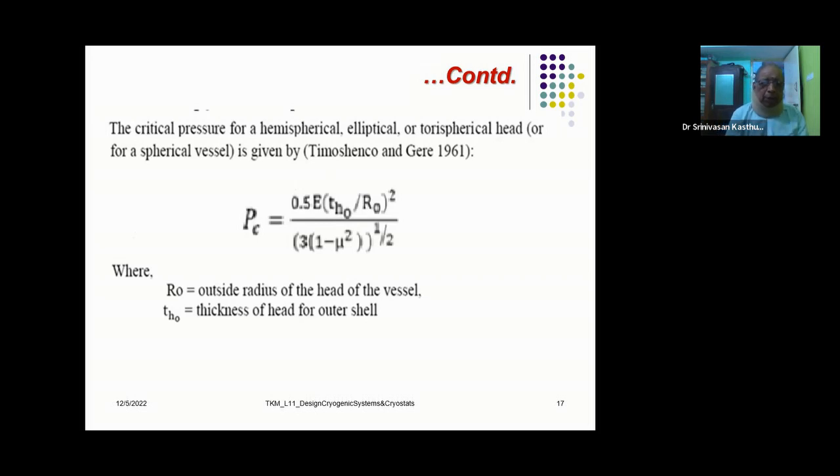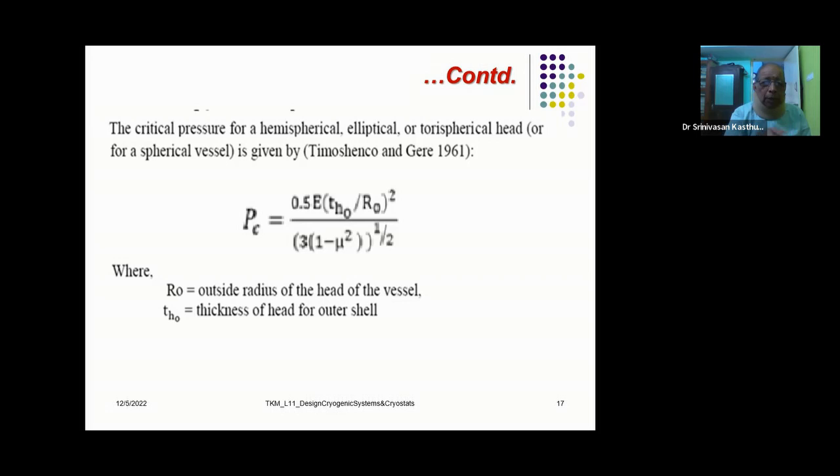PC is equal to 0.5 E times (T_H0 divided by R0) squared divided by (3 times (1 minus mu squared)) to the power half. Here, R0 is the only parameter which we have not discussed. R0 is the outside radius of the head of the shell, and T_H0 is the thickness of the head for the outer shell.